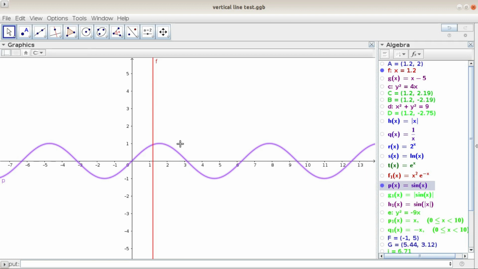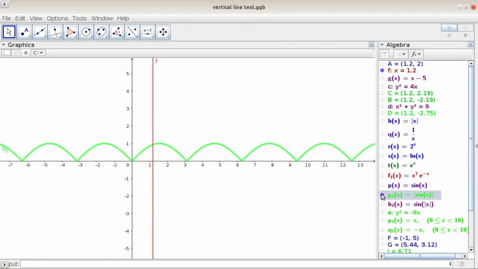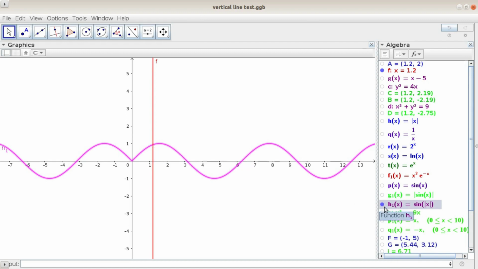This curve, sin x, represents a function. This is the graph of modulus of sin x. This is also a function. Now this is the graph of sin modulus x. The vertical line intersects at a single point.